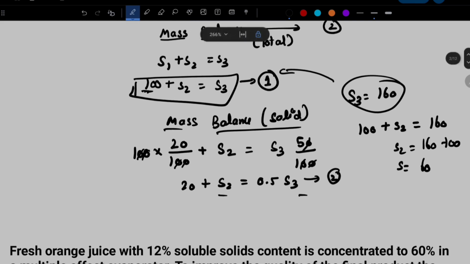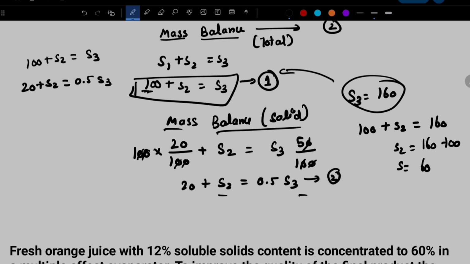If you don't know how to solve equations 1 and 2, I'll do it for this one problem, and the rest of the problems you have to do yourself. So 20 plus S2 is equal to 0.5 into S3, and 100 plus S2 is equal to S3.